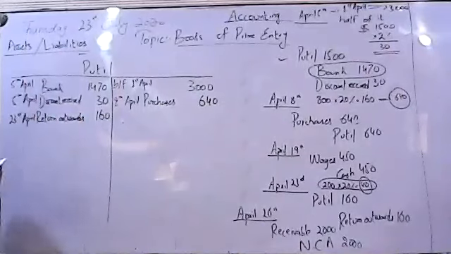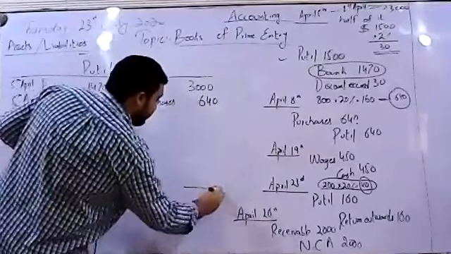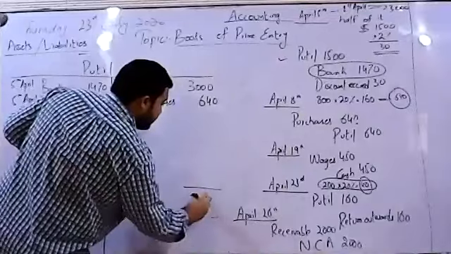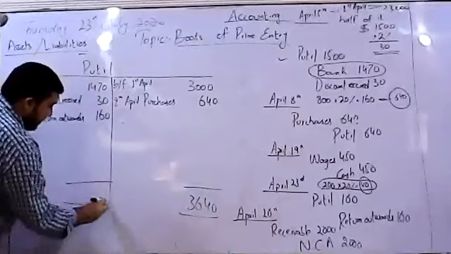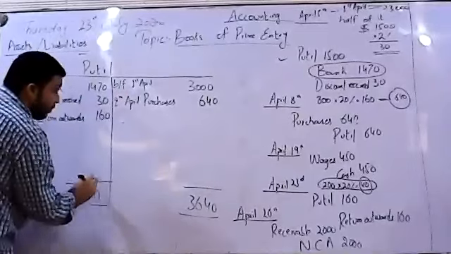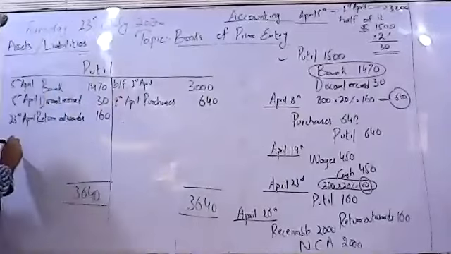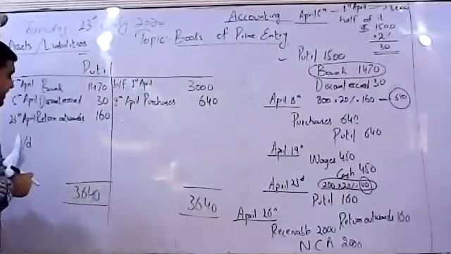And that's it. These were the transactions that were relevant to Putel's account. Now, what if we calculate the total? That is 3640 on the higher side. We'll be placing this total 3640 on both sides, and we'll be getting a C/D balance.